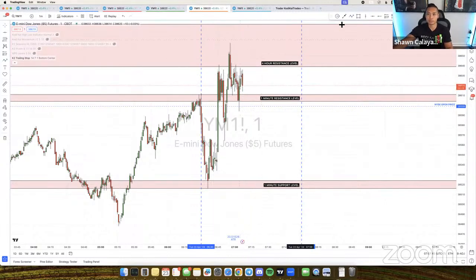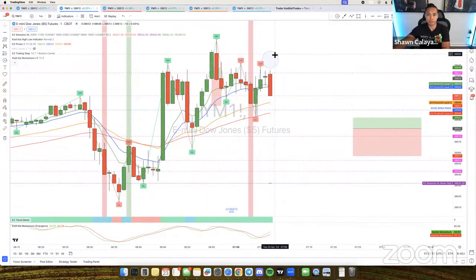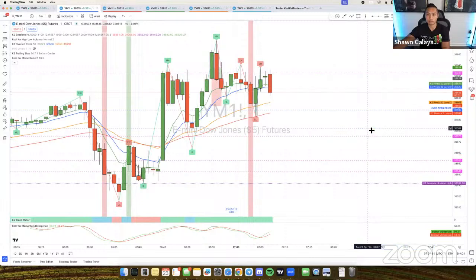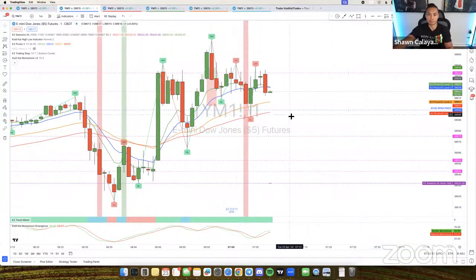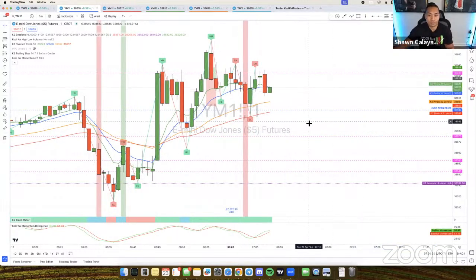We'll be looking for price to push out of this area or even below. It doesn't really matter which direction, but it's got to push above or below. This area doesn't really matter because it's in consolidation, and it's right in between news price. So we'll continue to wait here and look for a better opportunity, I guess.